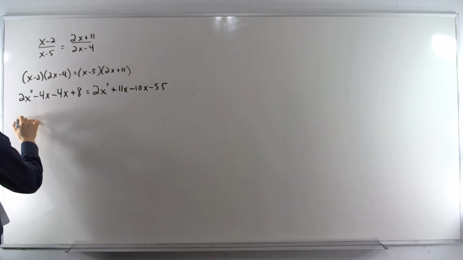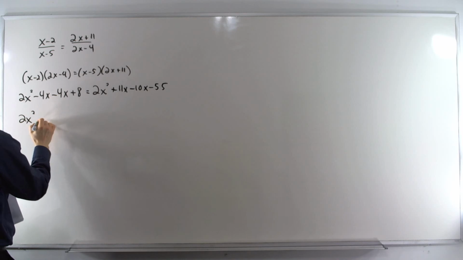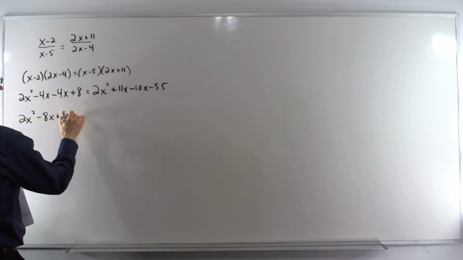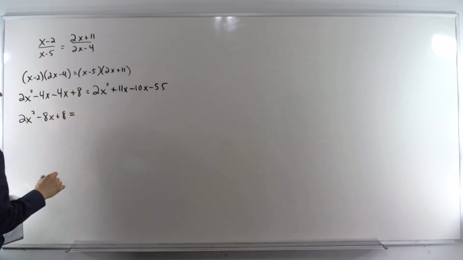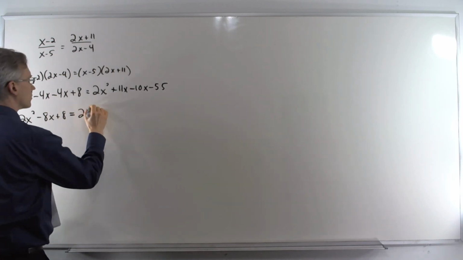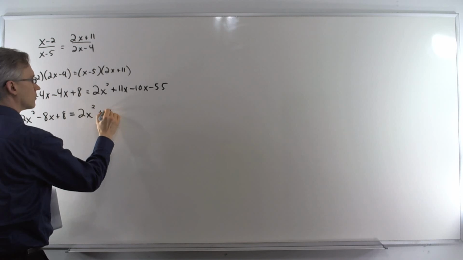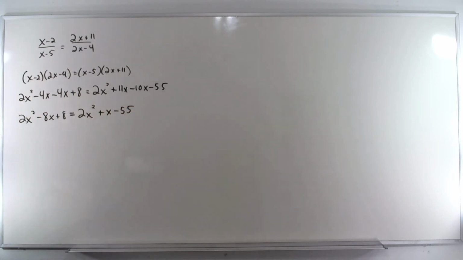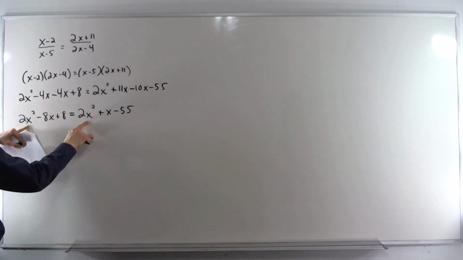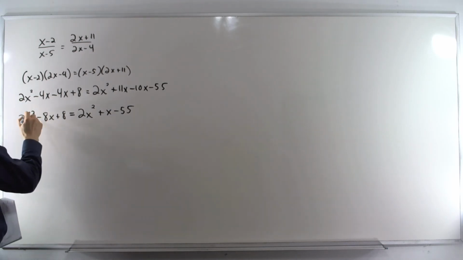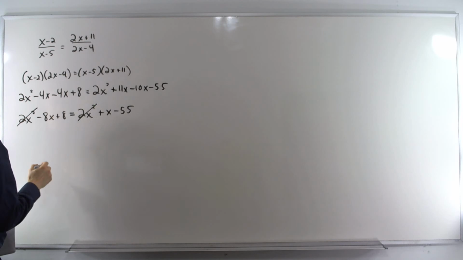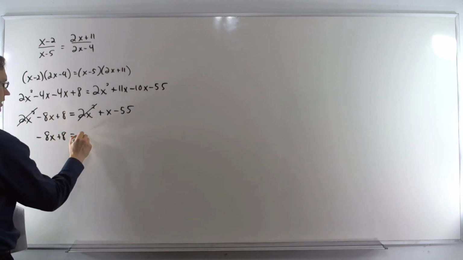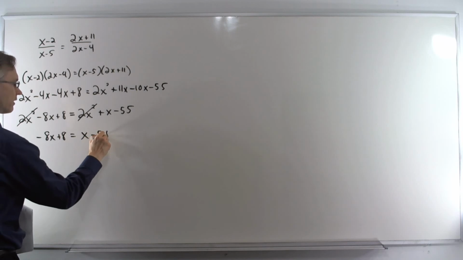Now we can combine like terms. Now we've got a 2x squared on each side of the equation. We can subtract that from both sides, and that goes away. So that gives us negative 8x plus 8 equals x minus 55.